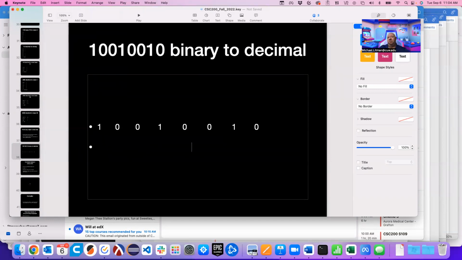I wrote out my initial number. I'm going to go all the way to the right side and say this is the ones place. Regardless of what base is up here, the far right is always the ones place. And since we're going to decimal and we're currently in binary, we multiply by 2. So this is the 2's place, the 4's place, the 8's place, the 16's, the 32's, the 64's, the 128's.